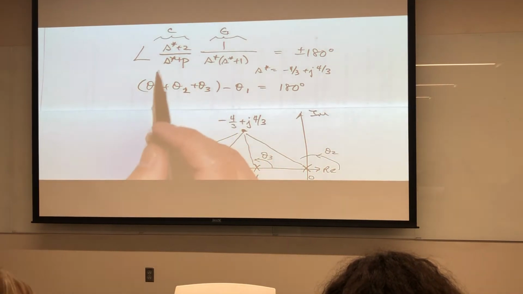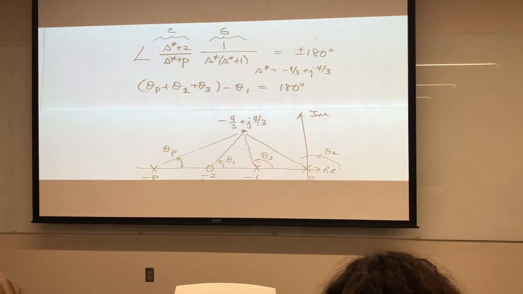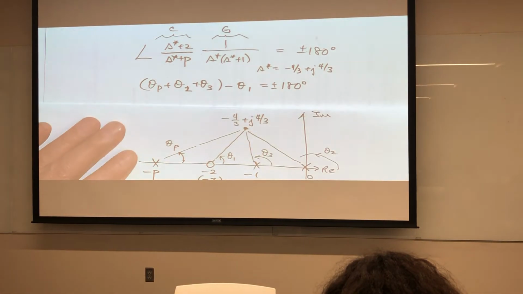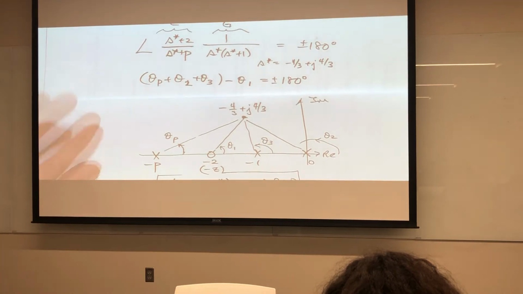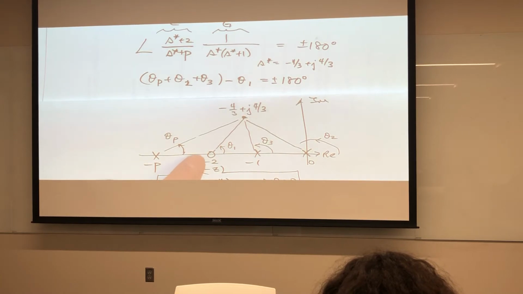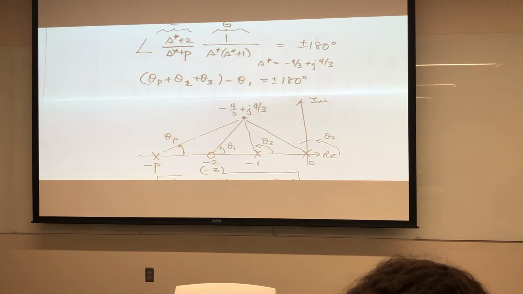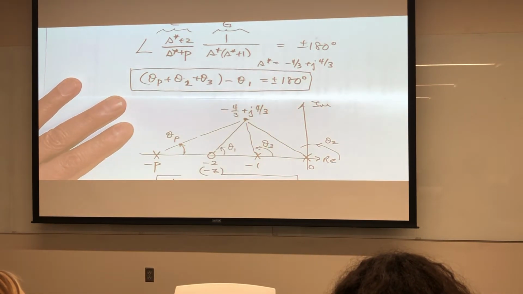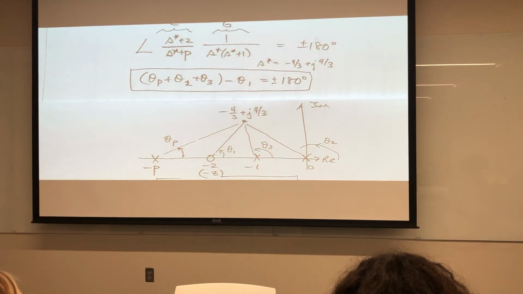The angle of the open loop has to be equal to plus or minus 180. So the picture is that these angles have to add and subtract appropriately to be 180 degrees. Study this, and understand how it is related to this equation and to this picture.